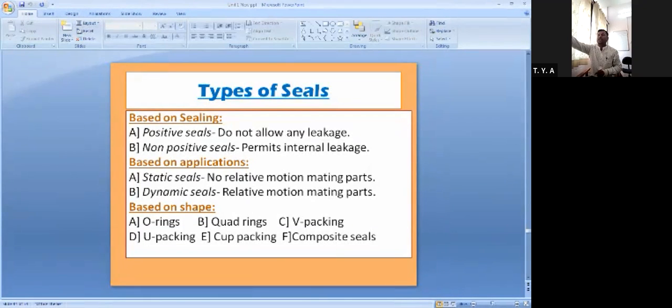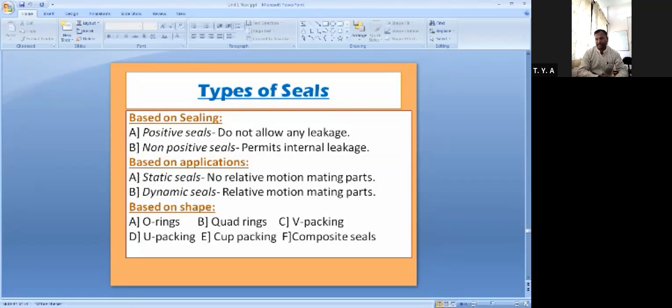Depending on the application we have to choose whether we need to use static or dynamic. The first one, static seals, are used to seal two mating parts where no relative motion is allowed between the parts. For that application, you can use static seals.